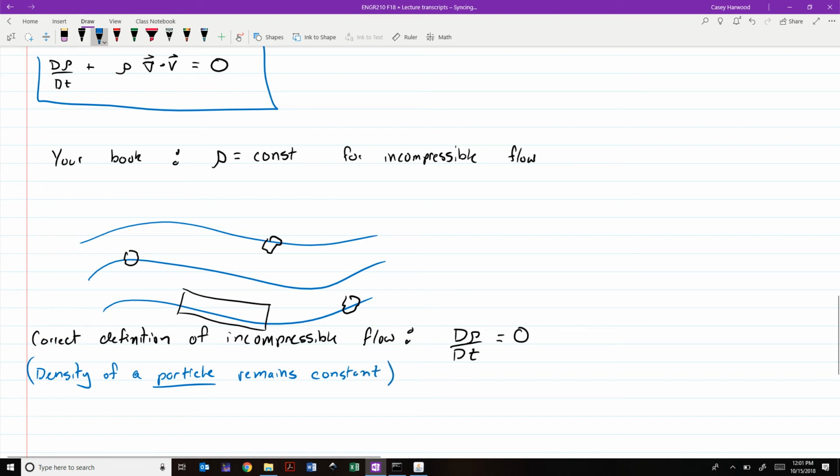Now, I don't want you to take this too seriously and say, oh, this book is garbage, it doesn't know what it's talking about, they don't even give us the right definition of incompressibility. What they've defined in here more correctly actually defines what we would call incompressible and homogeneous flow.